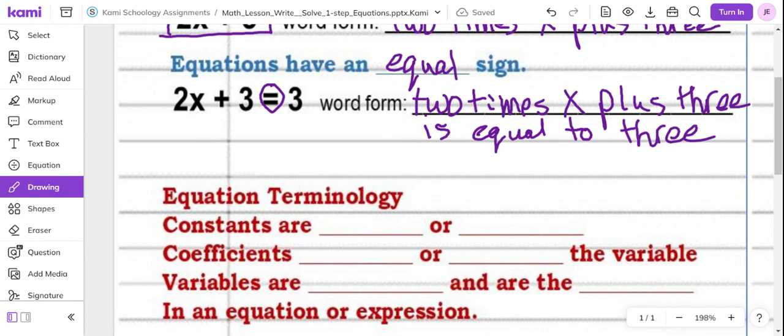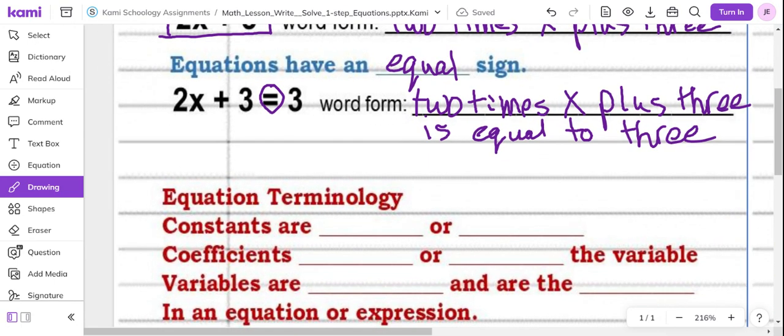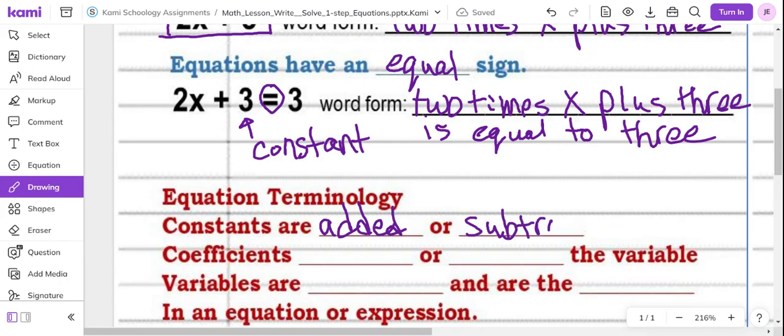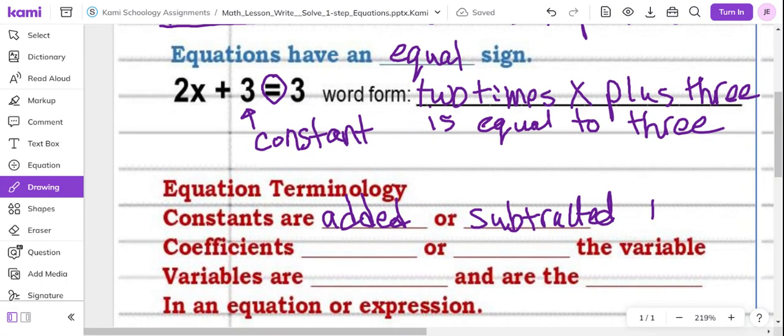Now, some of the equation terminology that we need to get familiar with is right here. If we have numbers that are added or subtracted, these are called constants. So please label that up above with an arrow. Constants in the expression or equations are things that are added or subtracted. If you want to put the little symbols there, that's fine too.